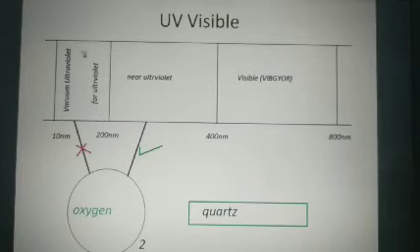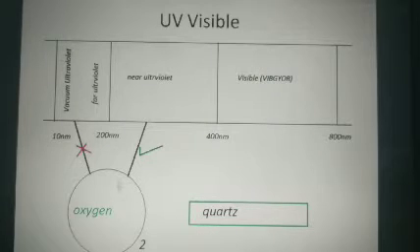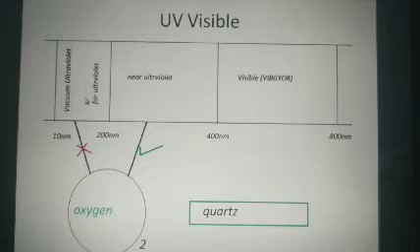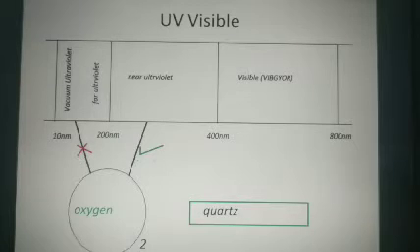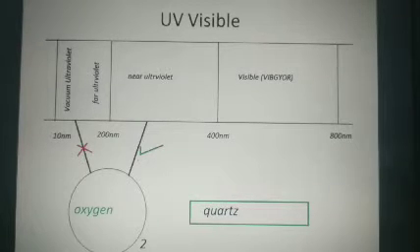As the name indicates, vacuum ultraviolet means there should be no presence or trace of air. We know that oxygen absorbs very strongly below 200 nanometer. We know by the way that there is a transformation of O2 to O3 and O3 to O2 with the help of ultraviolet.